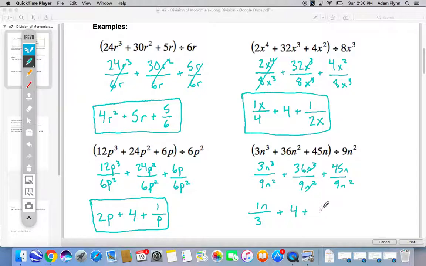I have plus 45 divided by 9, which we know is 5, and n divided by n squared, which is n to the negative 1, but then it moves down to the denominator. So I have just an n down here. So this is my final answer.